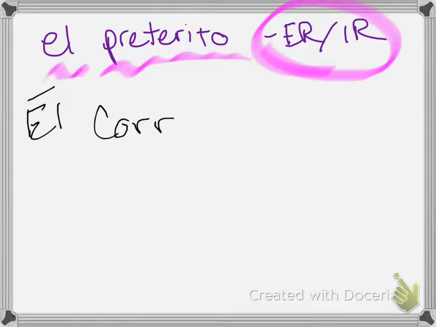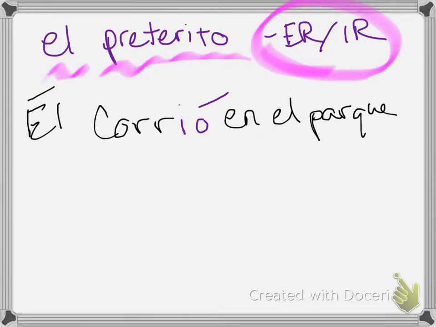So if I look at my chart, I look at where I have él, and my ending is ió with tilde, corrió. Él corrió en el parque. Because really, where else would you run? Corrió en el parque. I can think of lots of places. Él corrió en el parque. See? Corrió en el parque.